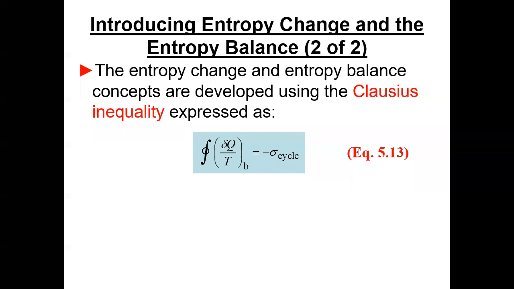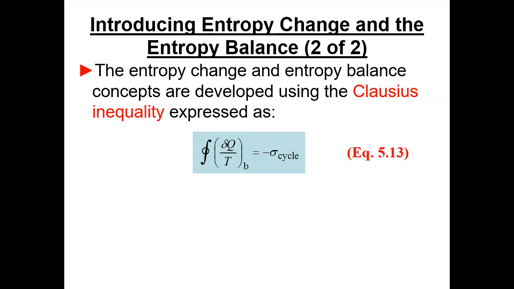And so most of the time, in the problems we do, we have one boundary at one temperature, and we know so much heat comes in, and so it's just however much heat came in divided by the temperature. Or it could be a rate of heat coming in. We can do this on rates as well as amounts. We start out with amounts. But this is written in terms of an amount.